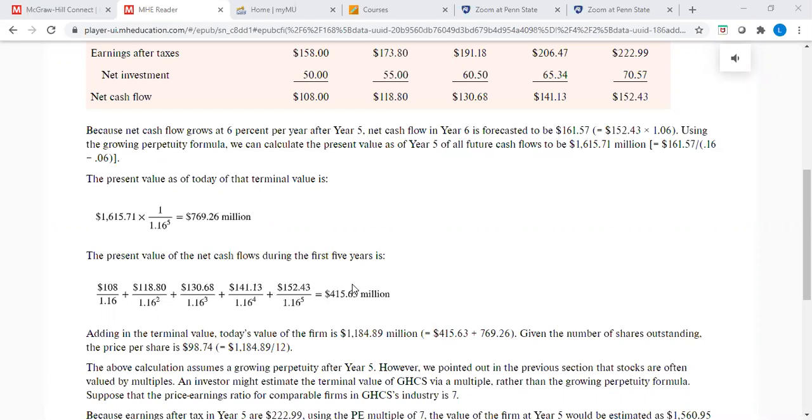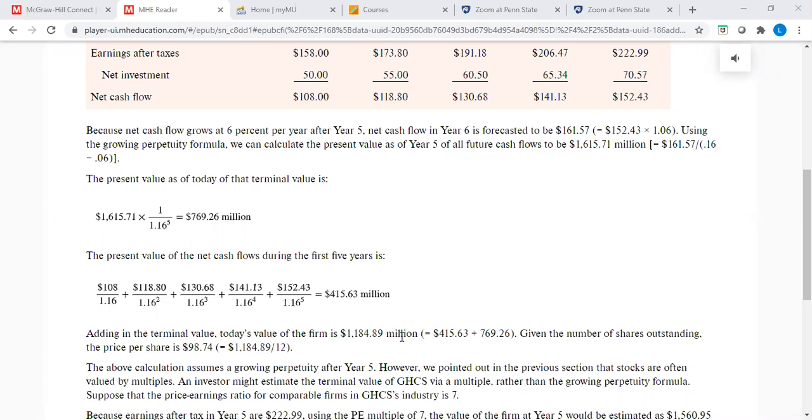Add those first 5 years to the growing perpetuity present value you determined in step 1, and that gives you the total value of the firm today. It would be $1,184.89 million.